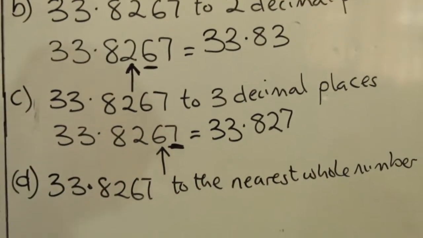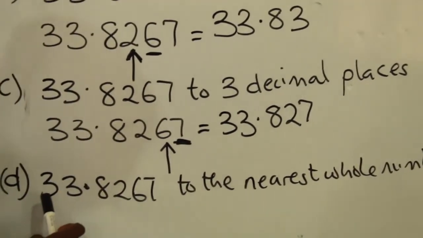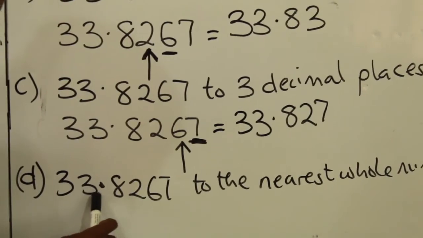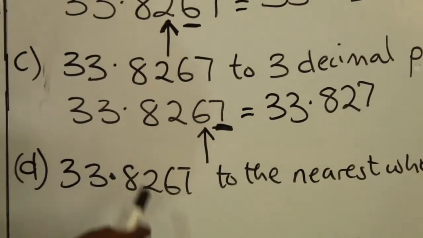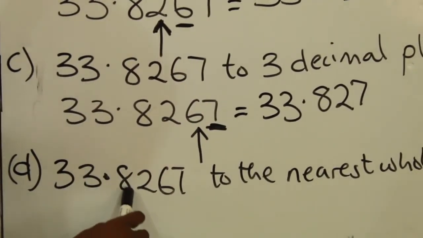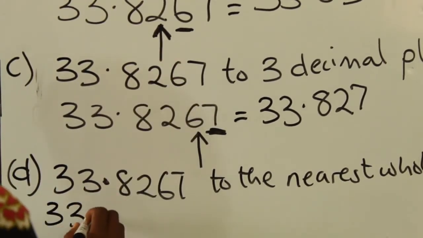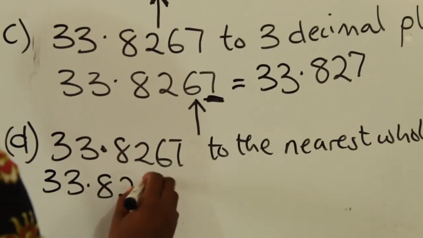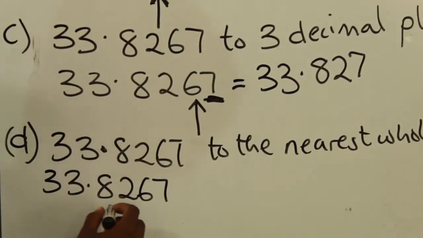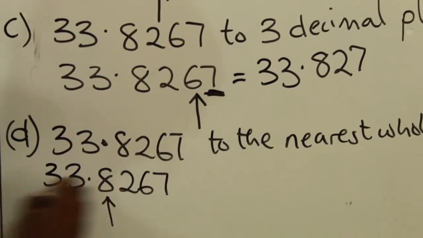The whole number here are 3 and 3. That's 33. And the number that is nearest to the whole number is 8.